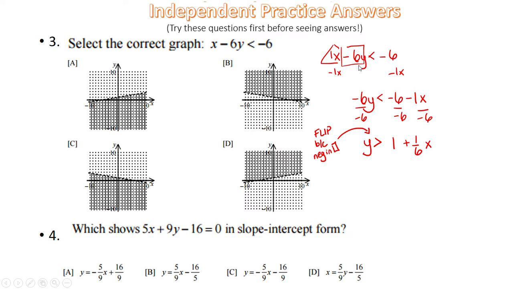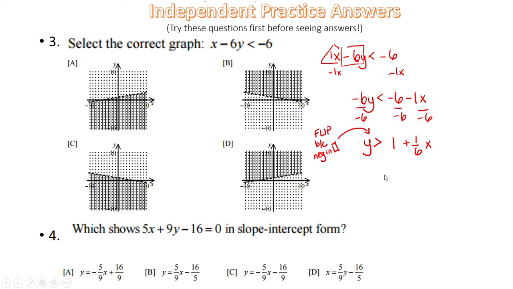Now because I'm dividing by -6, we got to know that we had to flip our symbol. So you need to either flip it now when you're dividing by -6 or at the very last step. Now -6 divided by -6 is +1, and -1x divided by -6 comes out to be +1/6x.